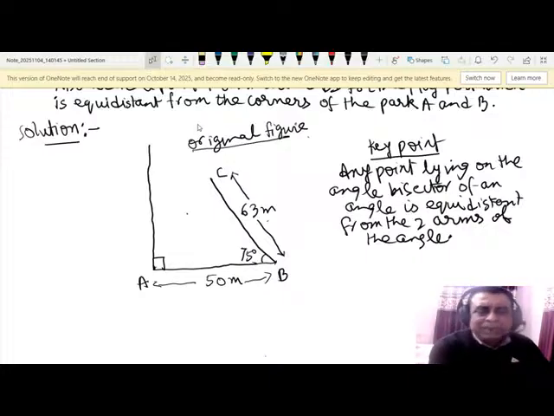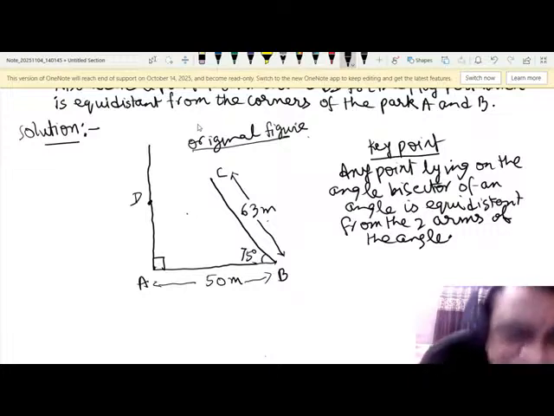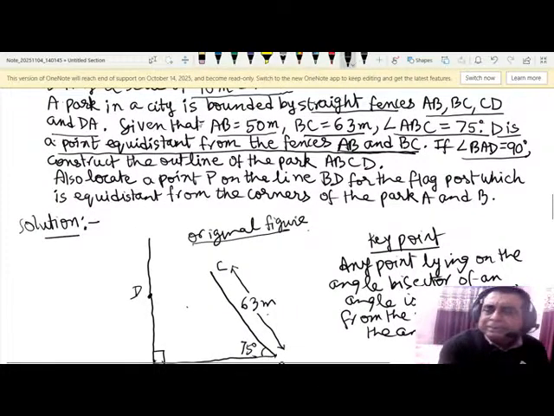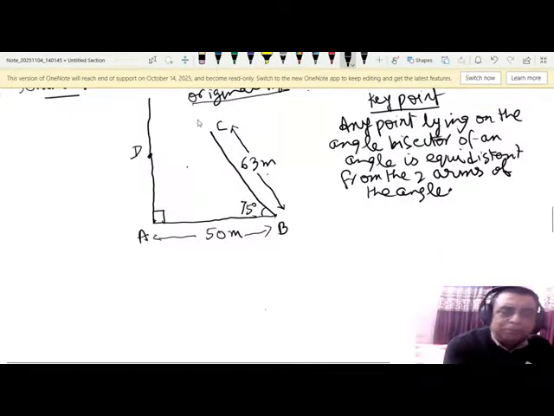Now this point D is equidistant from BC as well as AB. That means the point D is here somewhere. Suppose we call this point D. This point D must be lying on the line which is making a 90-degree angle with AB, because we are told that BAD is a 90-degree angle. So D will be lying on this line, making a 90-degree angle with BA.